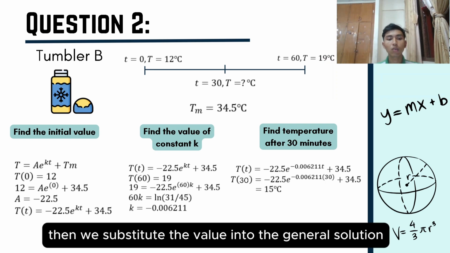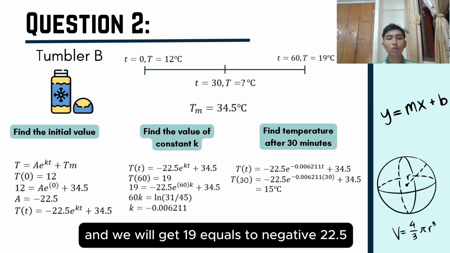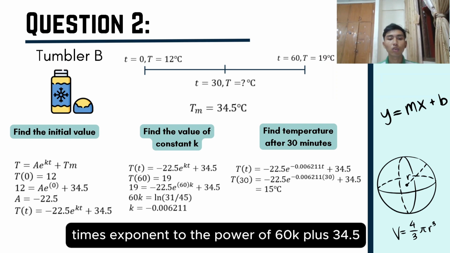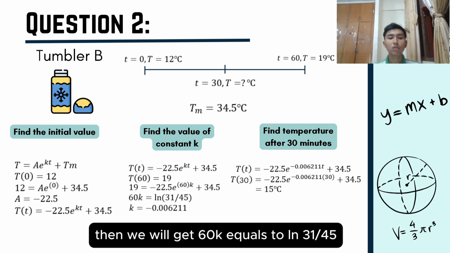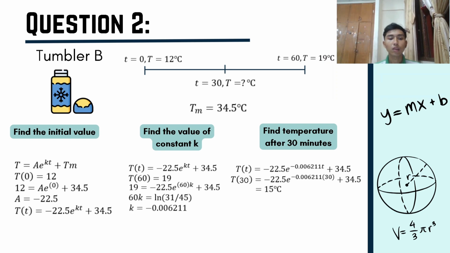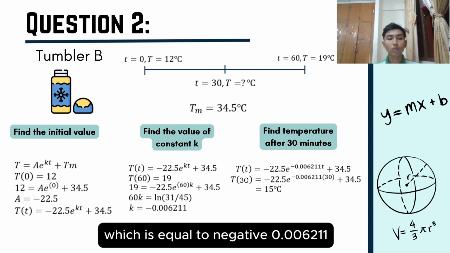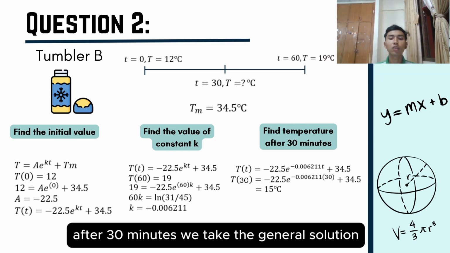We will get 19 equals negative 22.5 times e to the power of 60k plus 34.5. Then we will get 60k equals ln 31 over 45. Then we will get the value of k, which is equal to negative 0.006211.